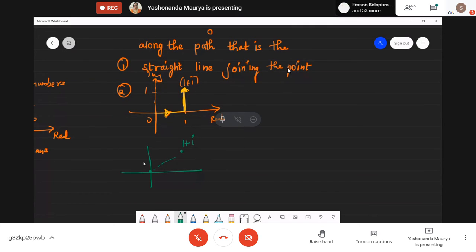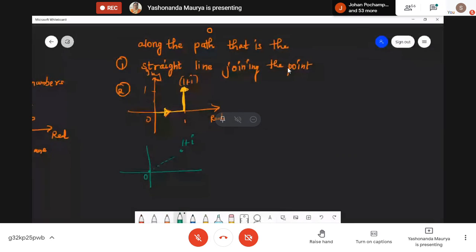Okay. So now here we have the point 0, and this is 1 plus i. Now what is this line? What is the equation of the straight line joining these? Can somebody tell me?